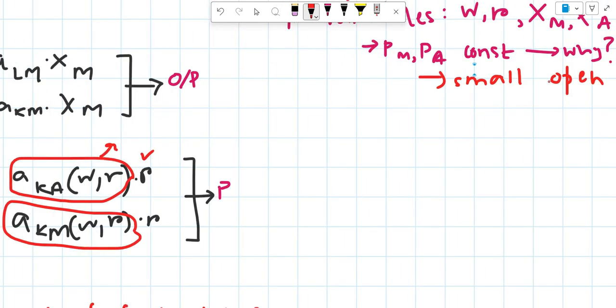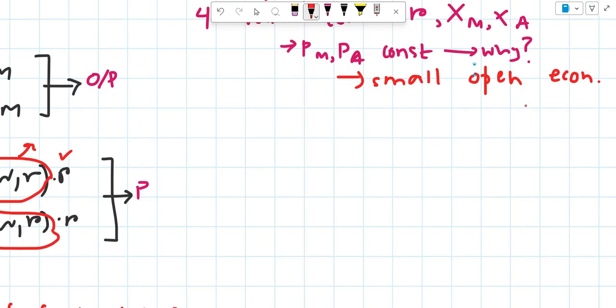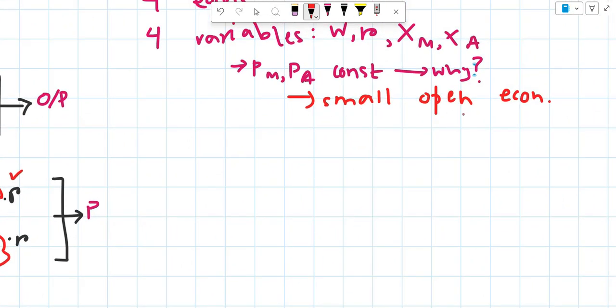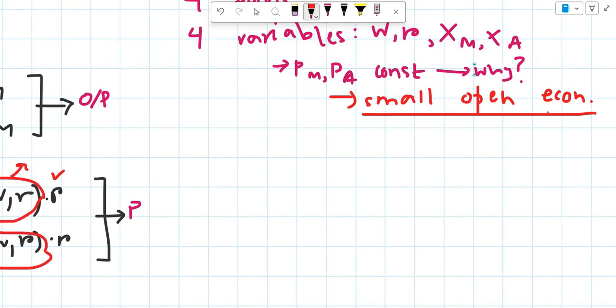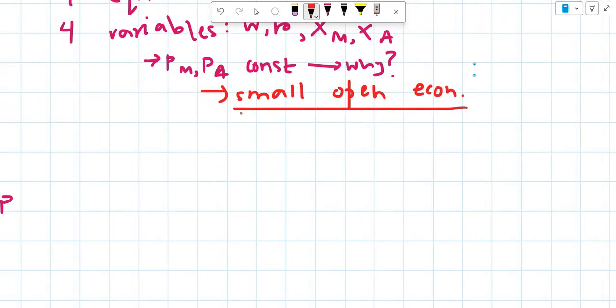Now, questions usually don't come as to what are the assumptions, so we tend to forget that this is a small open economy. This is a very bad mistake, because you always need to remember this assumption. Why? Because this is actually what creates the entire model. How? Small open economy. Where does this word small come from?